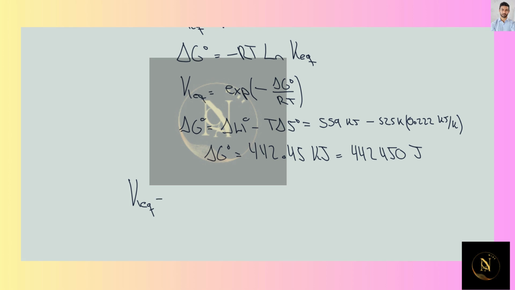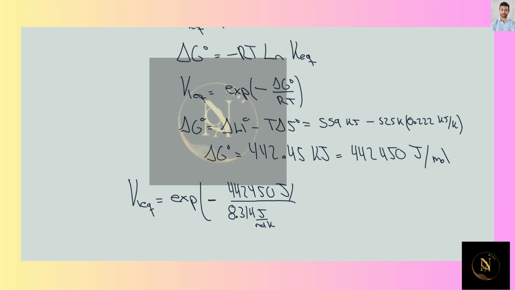The equilibrium constant would be equal to the exponential of minus 442,450 joules divided by the value for R, which is 8.314 joules per mole Kelvin. Over here, the joules correspond to 1 joule for 1 mole of reaction.